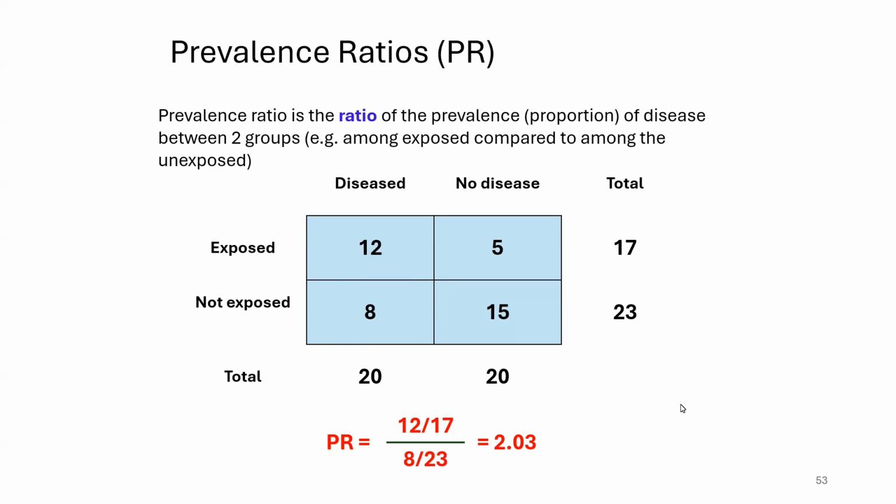So if we were to apply some of the interpretations that we had when we were considering our measures of relative risk, we would interpret them in similar ways, but we would use different language. So instead of saying risk in your interpretation, you would instead talk about prevalence. So the prevalence is 2.03 times greater in the exposed group than the unexposed group.